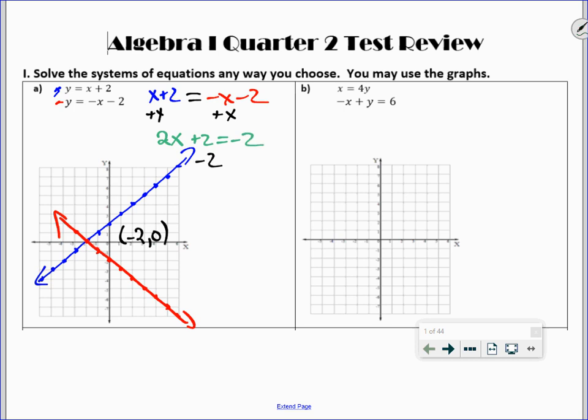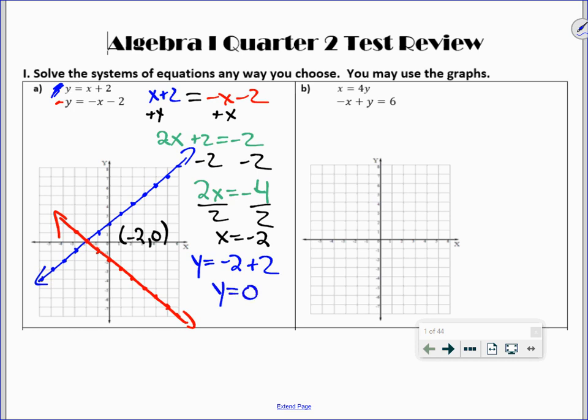I would subtract 2 from both sides, and I would get 2x equals -4. Then I would divide both sides by 2, and I'd get x equals -2. Then to find y, I would just plug it back into one of the equations, which is y equals x plus 2, once again using the blue equation. And that would be y equals 0. And we get the same solution we had before.